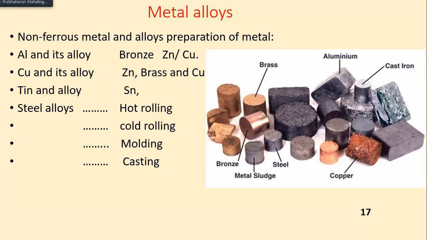So we need heat, right? That is hot rolling. Cold rolling, this is at room temperature, we can do cold rolling. Molding means molding some shape. Casting, so casting of machines, okay, casting of anything.